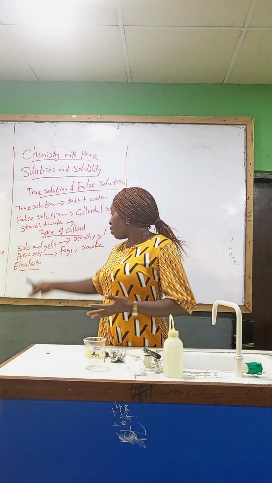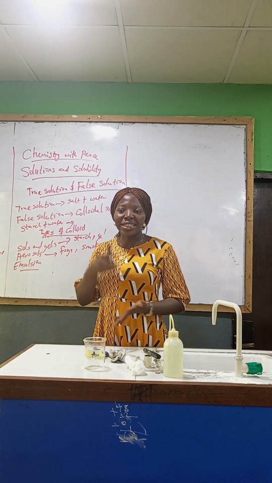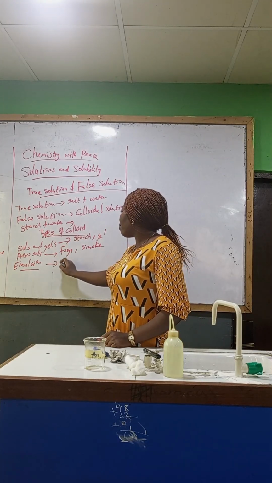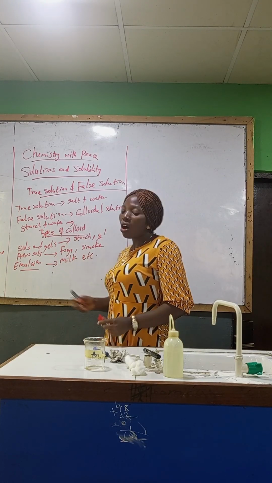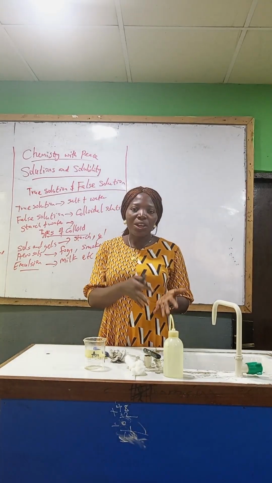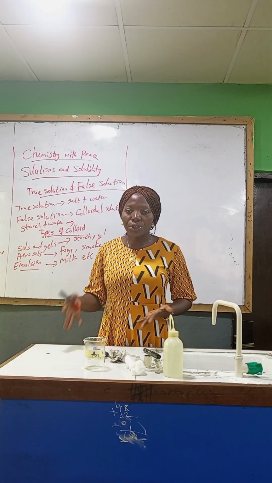Emulsion is colloidal solution that is formed when liquid is dispersed in another liquid. Under it we have milk and others. When liquid milk is dispersed in water, it forms emulsion.